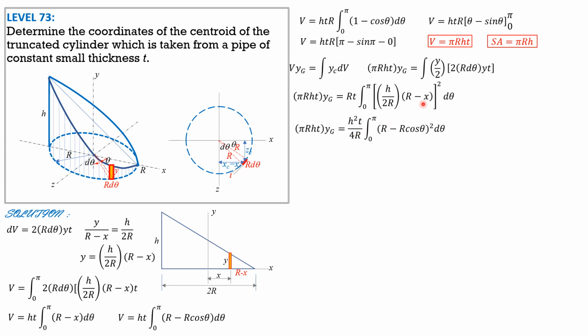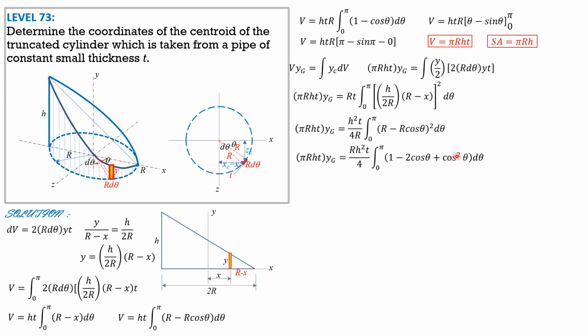Then we have r minus r cosine theta, quantity squared d theta. So we have r squared here, factor out. Pi rht y_g equals r h squared t over 4, integral 0 to pi of 1 minus 2 cosine theta plus cosine squared theta, quantity d theta.